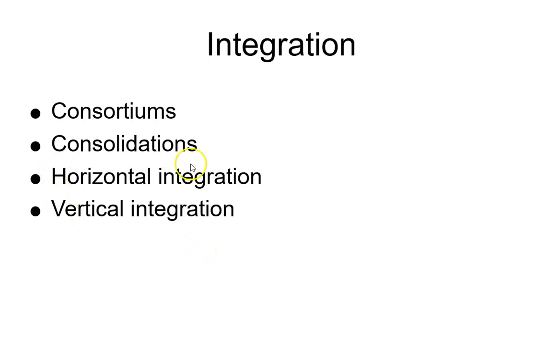As far as consolidations, that's something that happens. A perfect example of that would be the Jewish hospital that is near Kenwood, has been consolidated into or brought into the Mercy system. So that would be a perfect example of that.